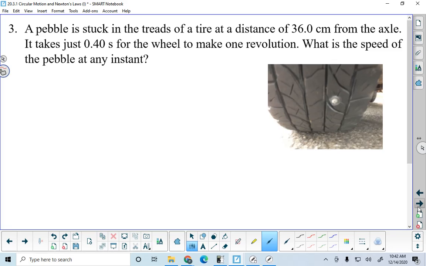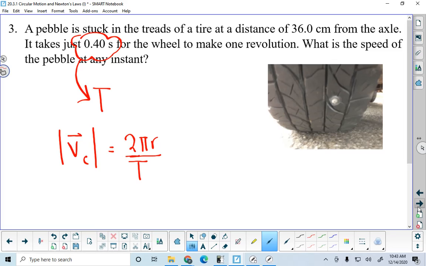Right, number 3. A pebble is stuck in the tread of a tire, and the distance from the pebble to the center of the tire is 36 centimeters. It takes 0.4 seconds for the wheel to make 1 revolution, which means that's the period of revolution. What's the speed of the pebble? Well, the centripetal velocity as a magnitude is the speed, and we've already seen it's 2 pi r over T. I can't remember if there's a vector symbol on your formula sheet for that.